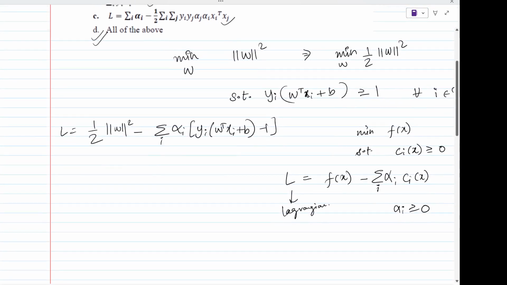And for optimal W, the partial derivative with respect to W and with B will be equal to 0.